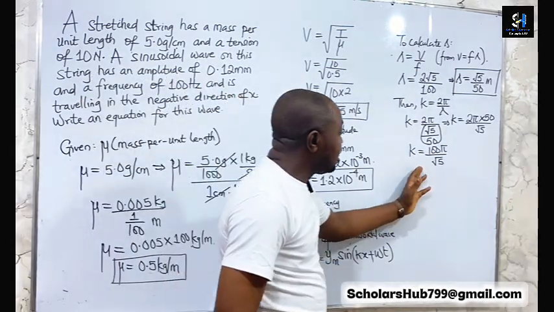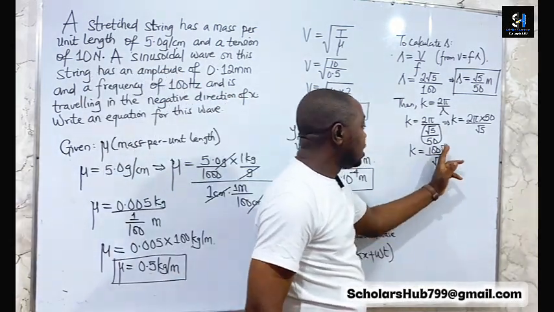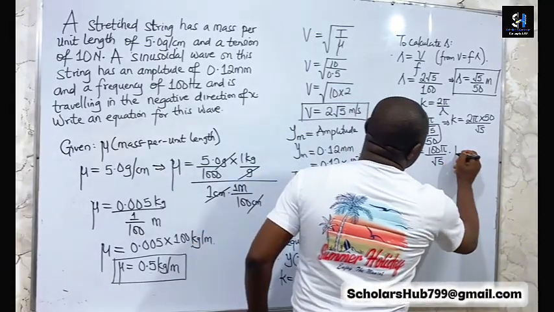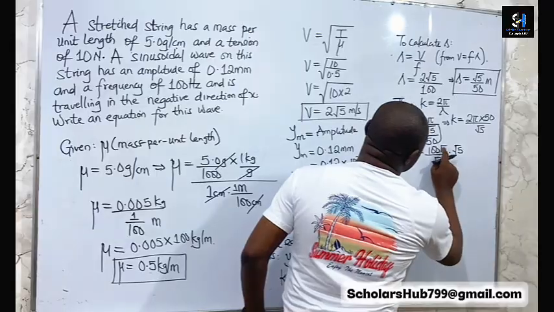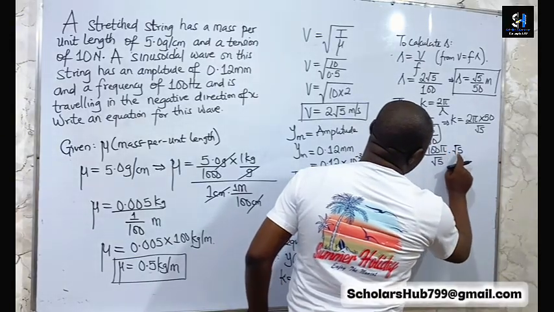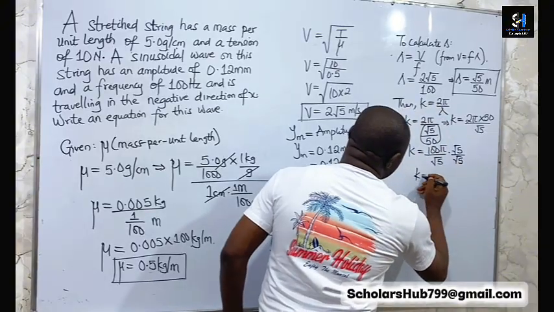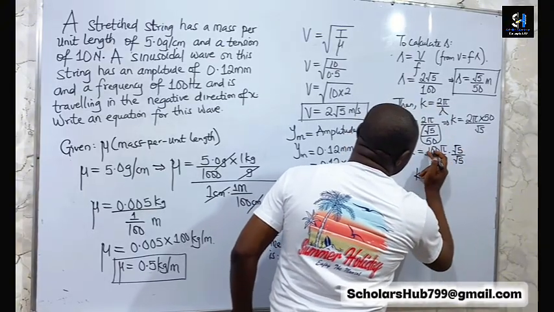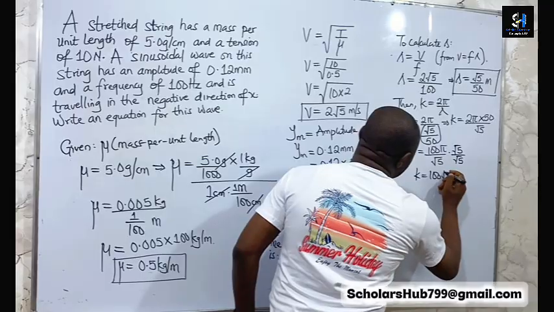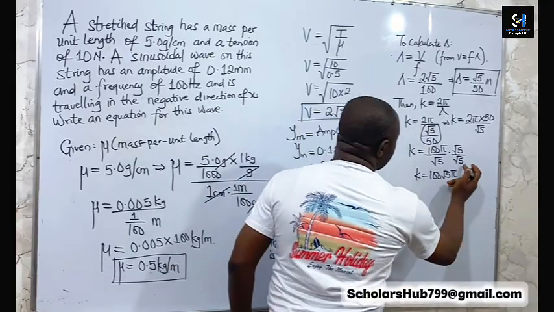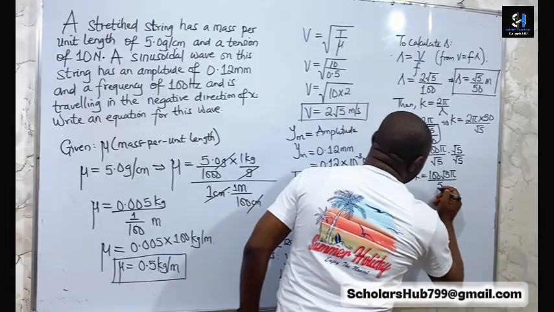Now in this case, I'll need to rationalize this, so we multiply 100 pi by root 5 over root 5. Then k will be 100 root 5 pi over root 5 times root 5, which is 5.